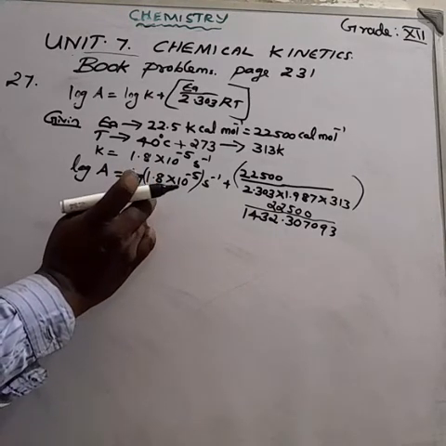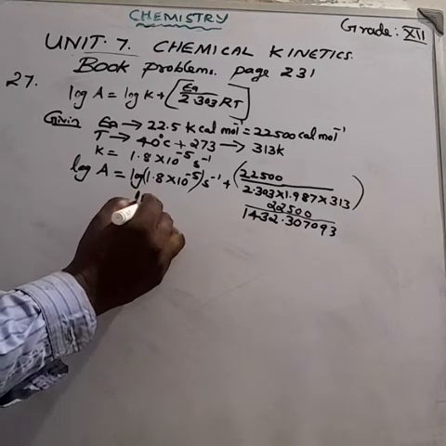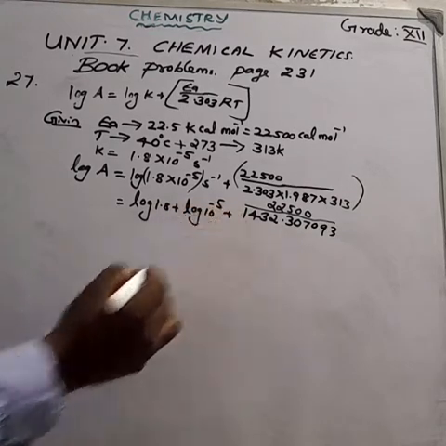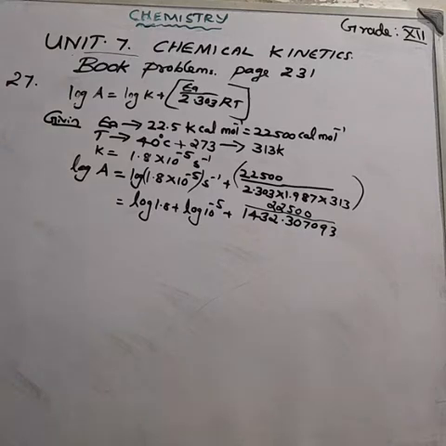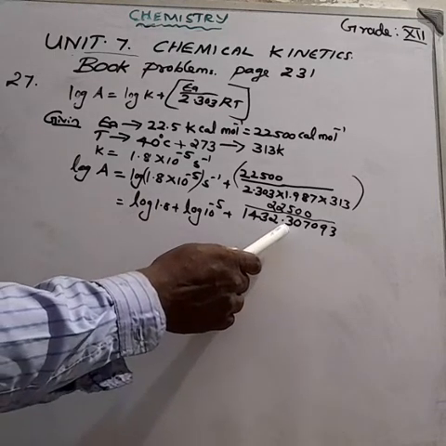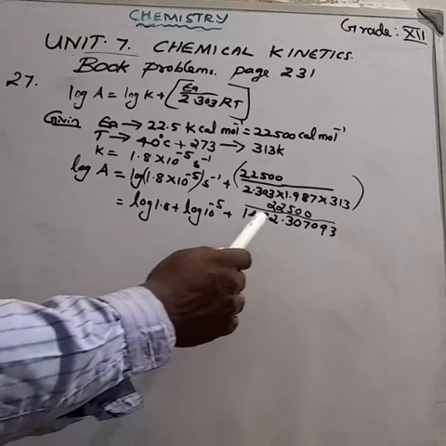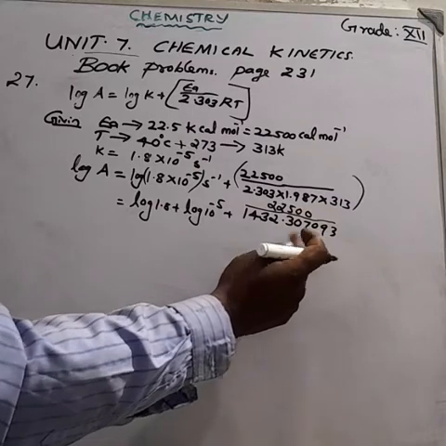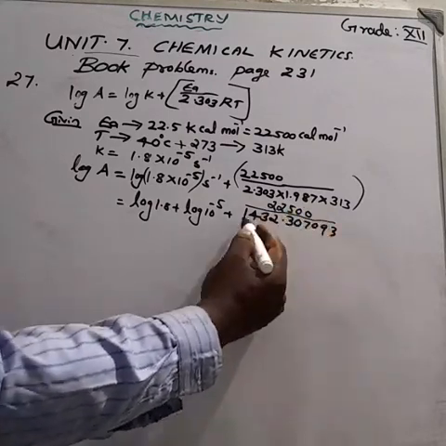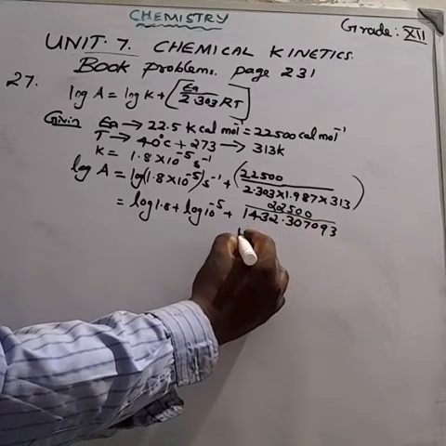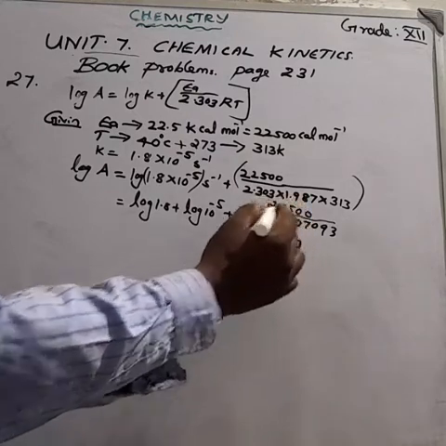Taking log on both sides, this can be written as log 1.8 plus log 10 raised to minus 5, plus 22,500 divided by 1432.307093. Now dividing 22,500 by 1432.307093, I get the approximate value 15.7089.